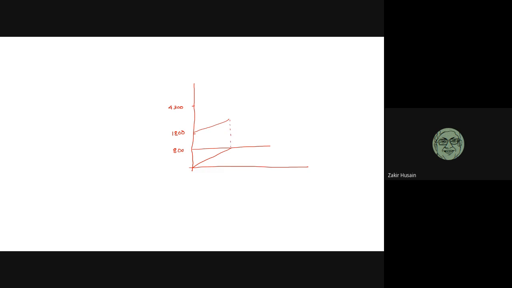It should be parallel and continue like this. The third part is again parallel, like this.